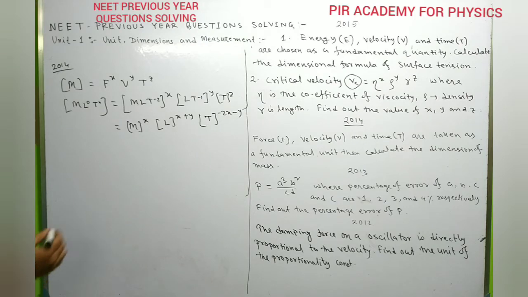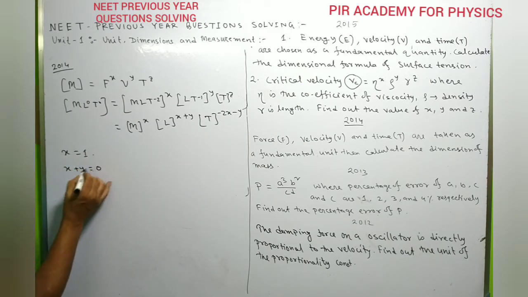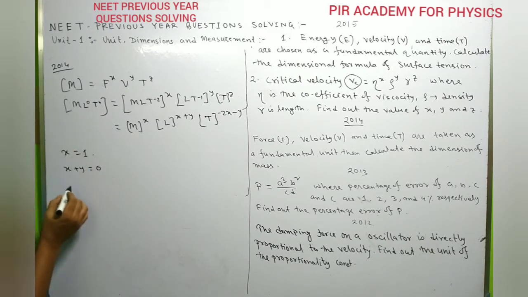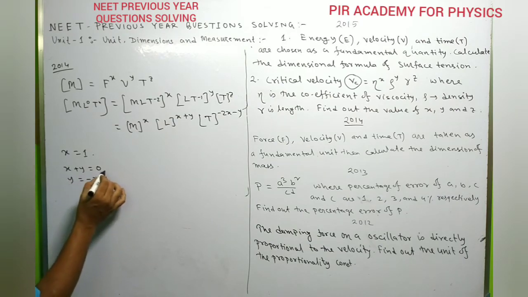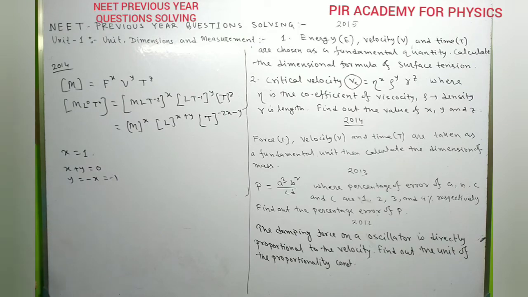Okay, so if I equate both sides, then x equals 1, x plus y equals 0, so y equals minus x, so it will be minus 1.